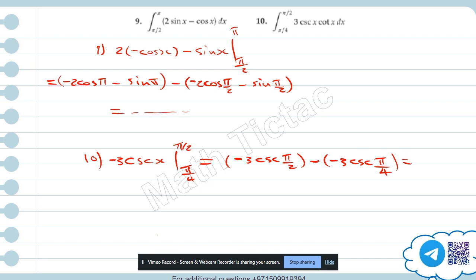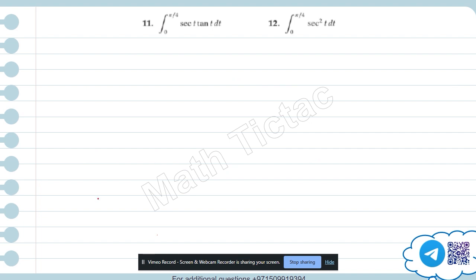Now, if you don't have the value of cosecant in your calculator, you can substitute it as in here, the cosecant x is equal to 1 over sine x. So you can use 1 over sine pi over 2 in the first one, and 1 over sine pi over 4 for the second one.